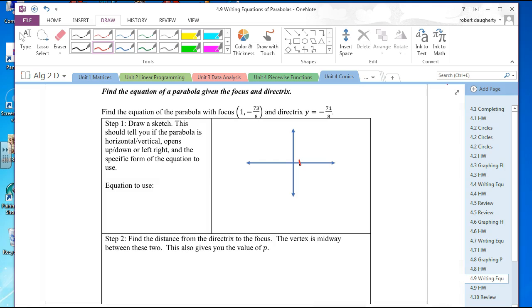So somewhere down here there's the point 1, negative 73 over 8. And then the directrix is at negative 71/8.